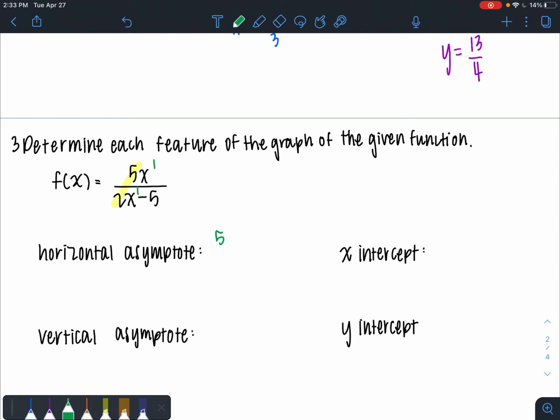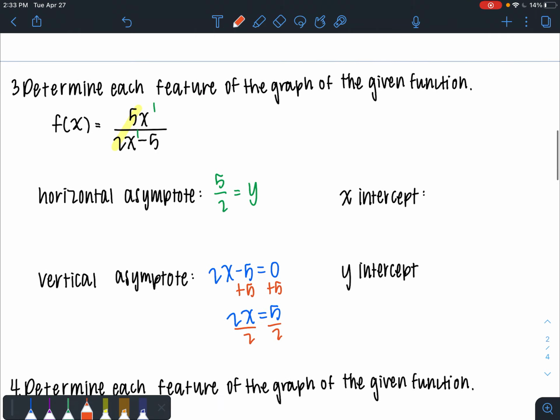So 5 over 2 equals y. Then we need to do the vertical asymptote. So we set the denominator equal to 0 and solve. Add 5 to both sides. 2x equals 5. Divide by 2. x equals 5 over 2.